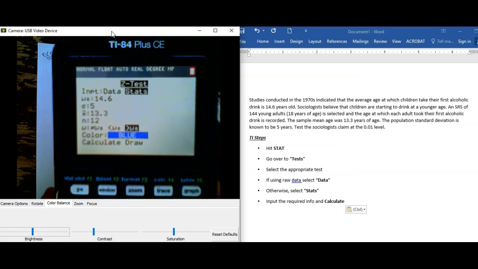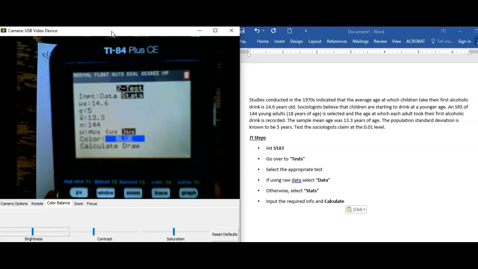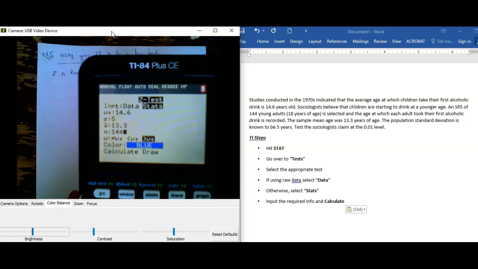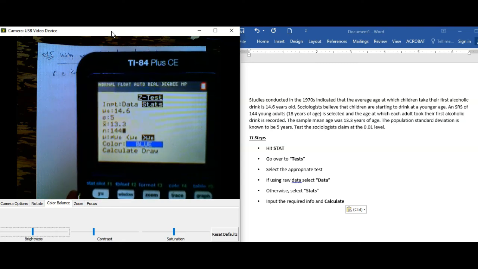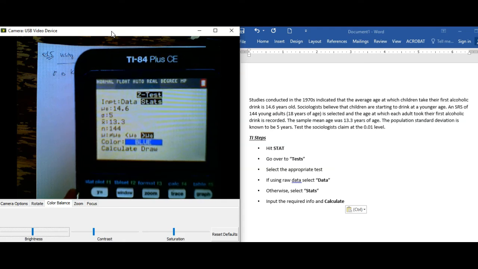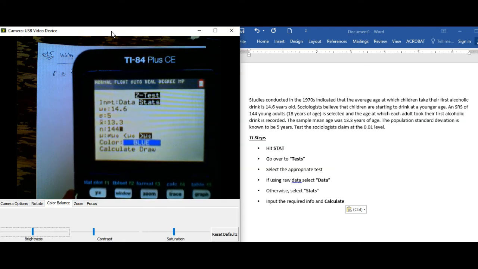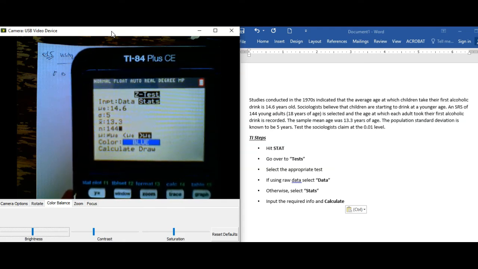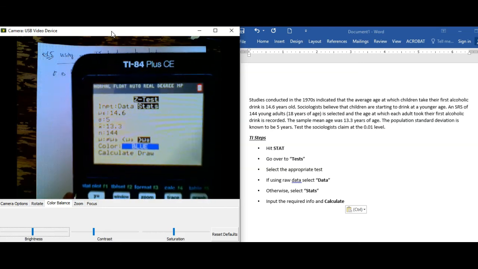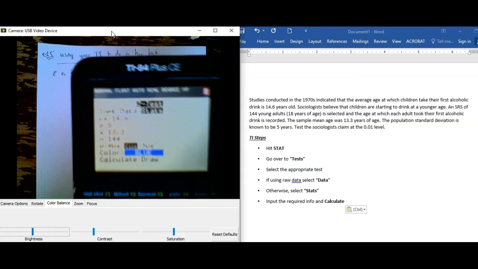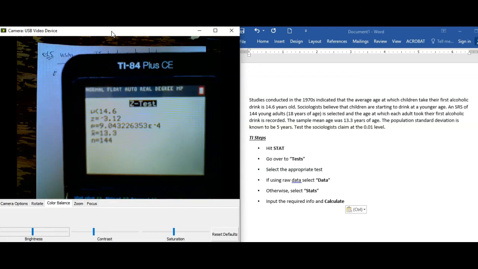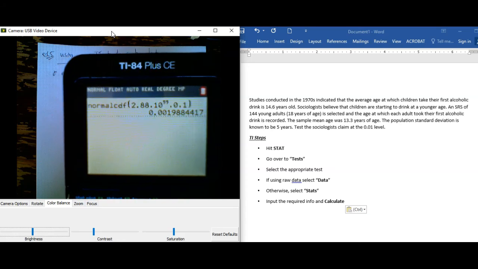And n is our sample size, which is 144. Okay? What do we want to test? We want to test the claim that the sociologist made, which means that they believe that children started drinking at a younger age, which means that the mean is less. So we're going to choose the less than option, and we'll go to calculate. Hit enter. Enter again.